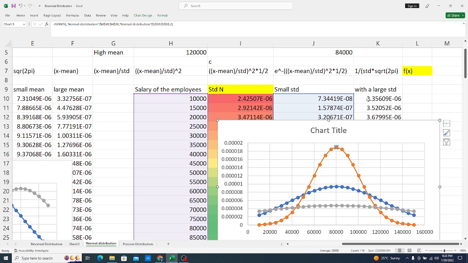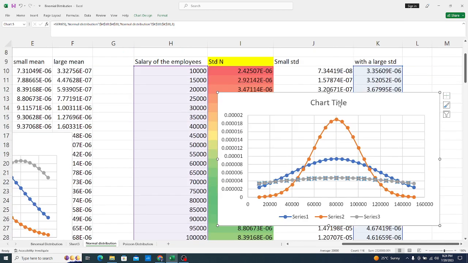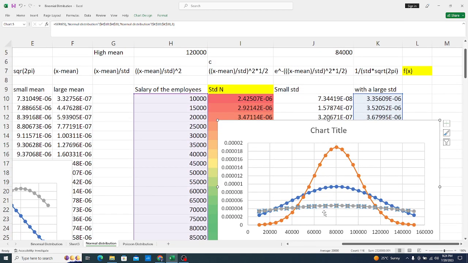But whenever we make the standard deviation larger, the curve tends to flatten, and the peak of the normal distribution will also reduce, compared to the standard normal distribution.